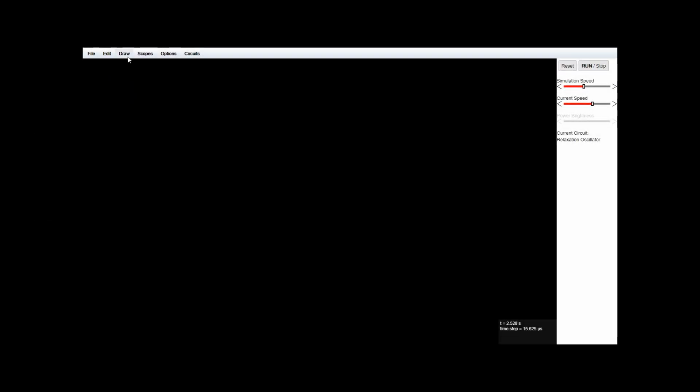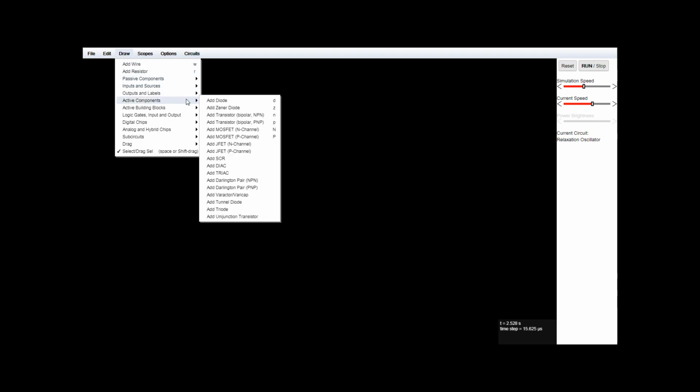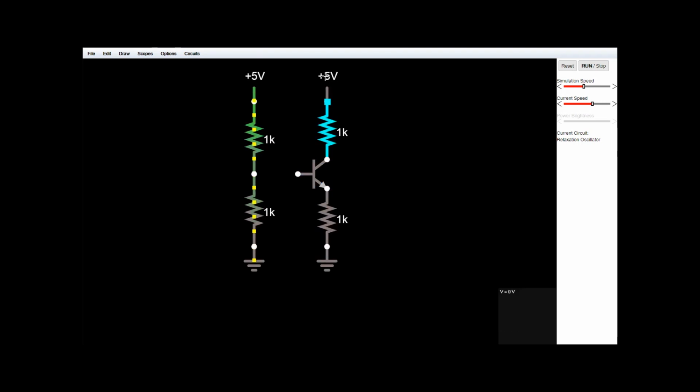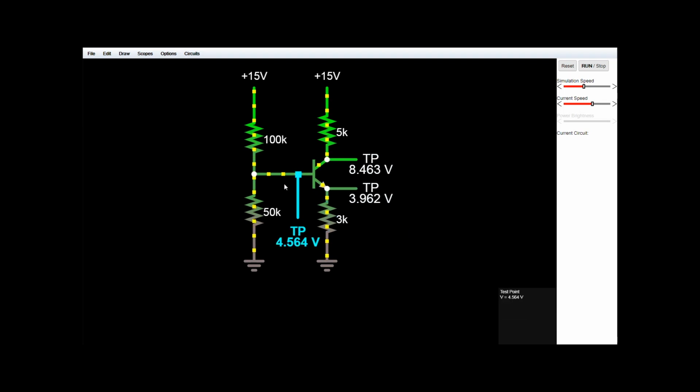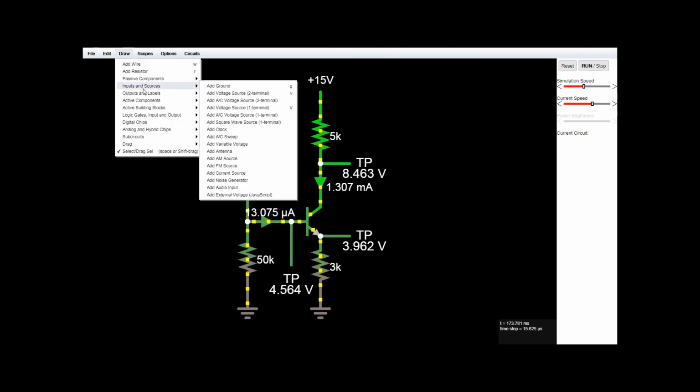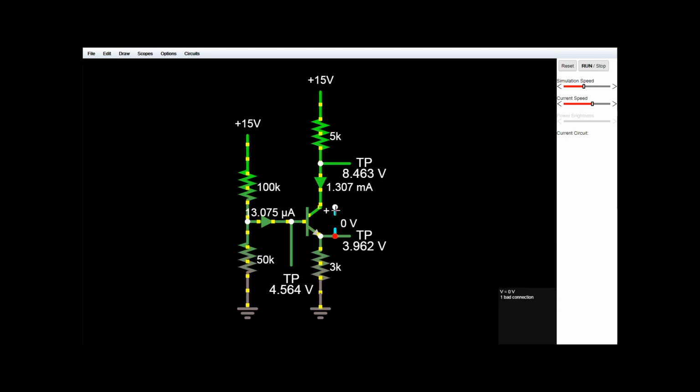All right, I'm going to include my PNP transistor and the respective resistors around. All right, put some points here to measure the voltage and the current.